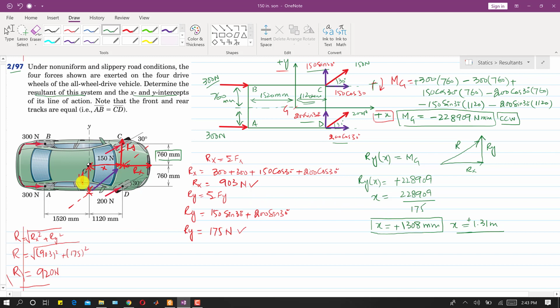Now if we want to find this y-intercept, we will resolve this force into its components at this intersection point. If I resolve this, this will be one component. Let me move this component, I will place it here. And if I move this Ry component, it will be here.